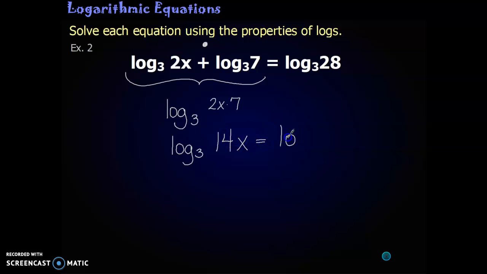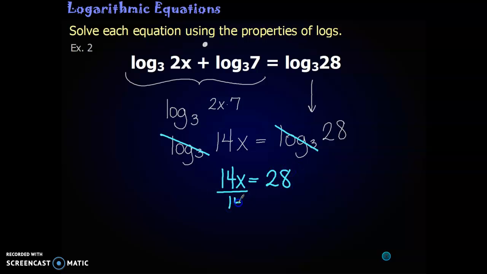And the other side of our equation drops down, also log base 3 of 28. And now we're again, just like in the last example, where I have log base 3 on either side, and I can set each of these arguments, or what's inside the logs, equal. And that just leads me to a little one-step equation where I can divide by 14 and solve for x.